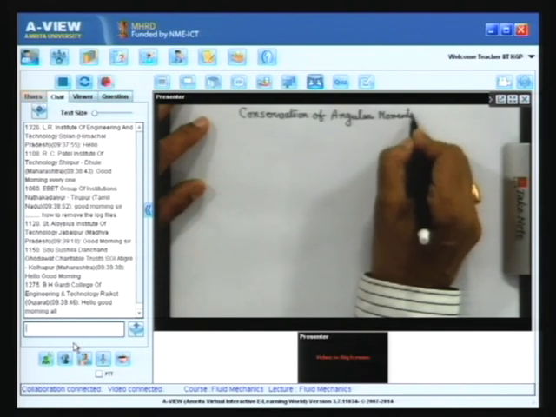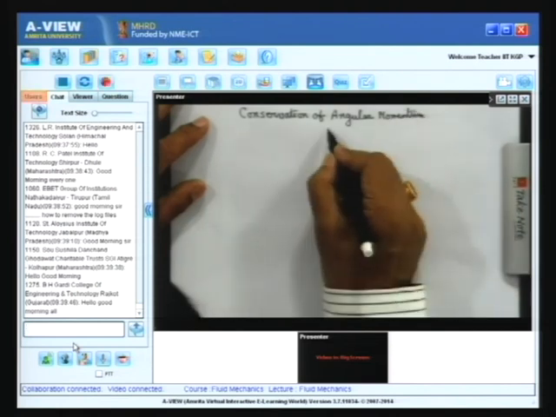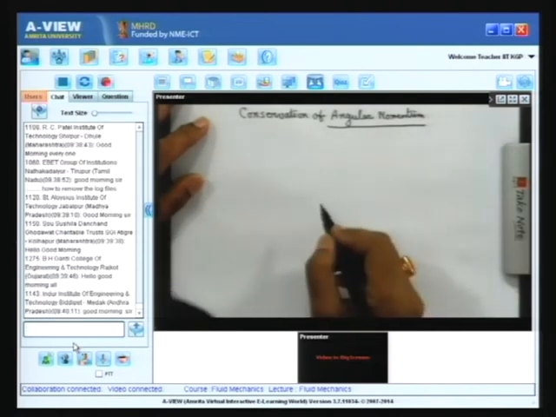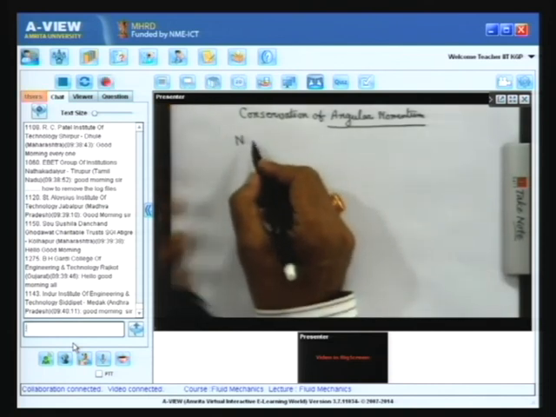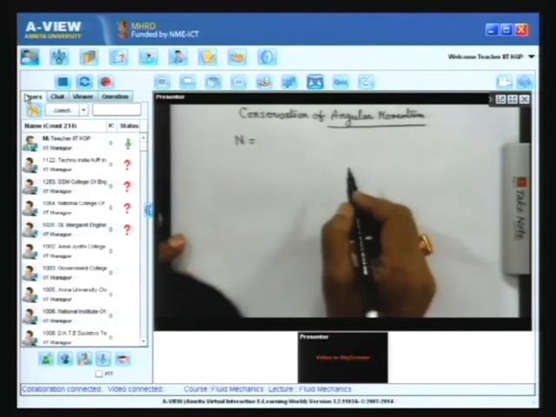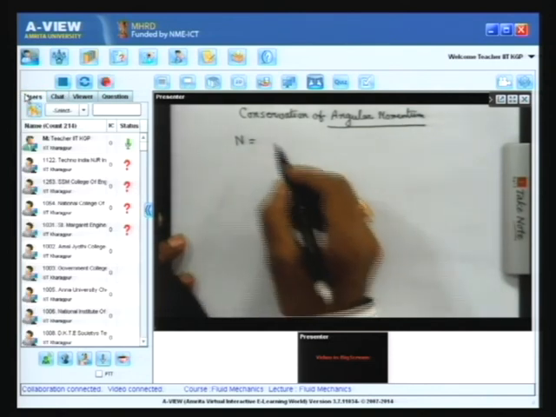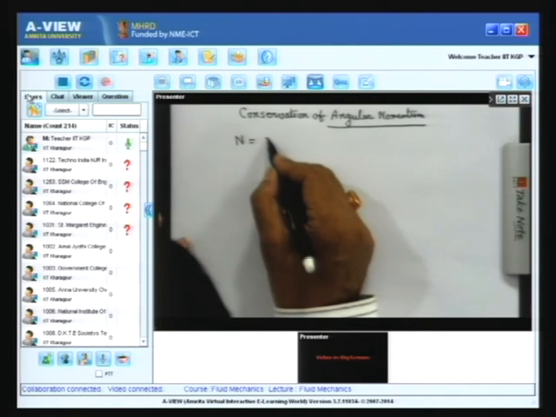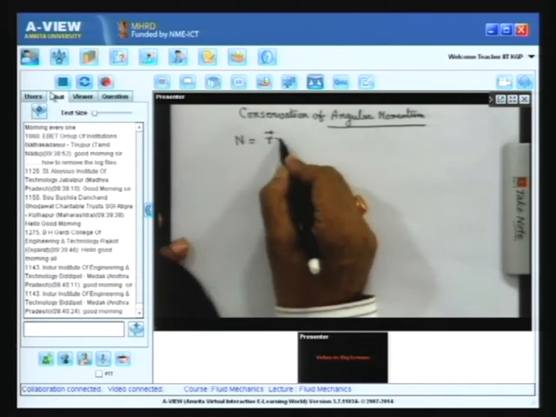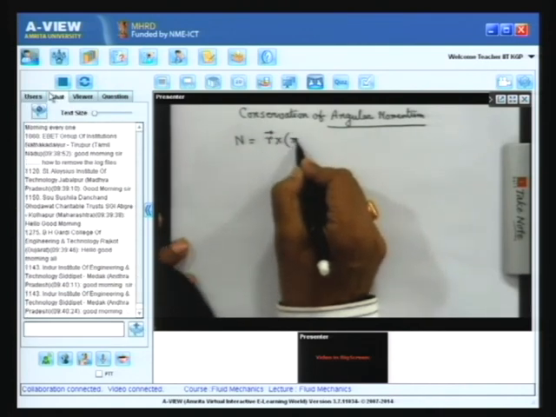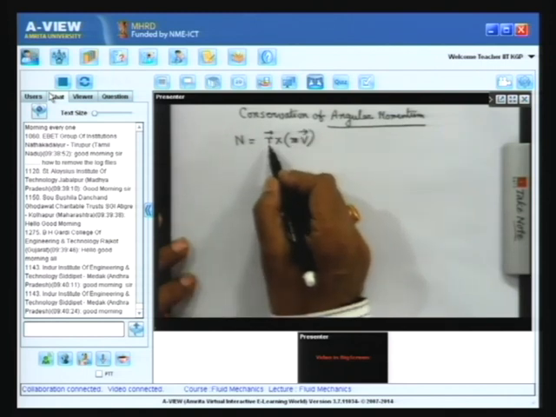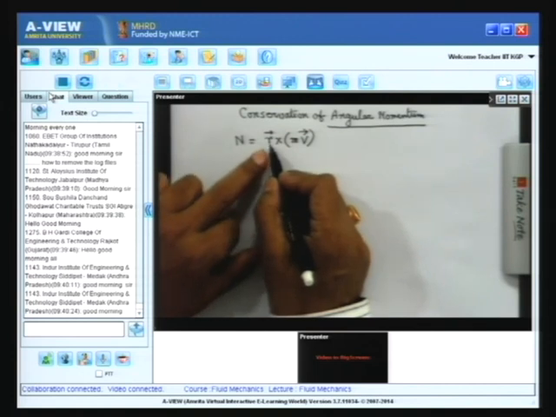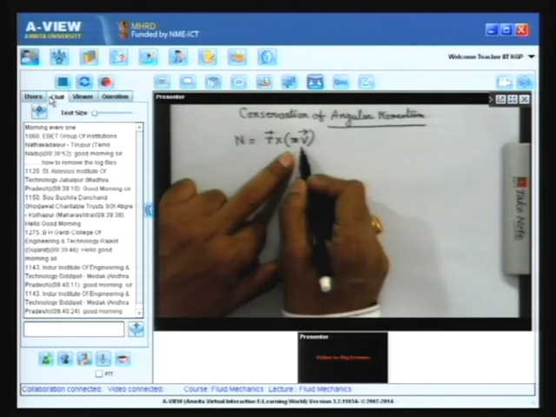Now, in a similar line, we write the property N as we described in Reynolds transport theorem. In this case it will be the angular momentum. How do we write the angular momentum? This is the definition of the angular momentum, which is the moment of the momentum about a point, where r is the radius vector to the point where the momentum is defined.